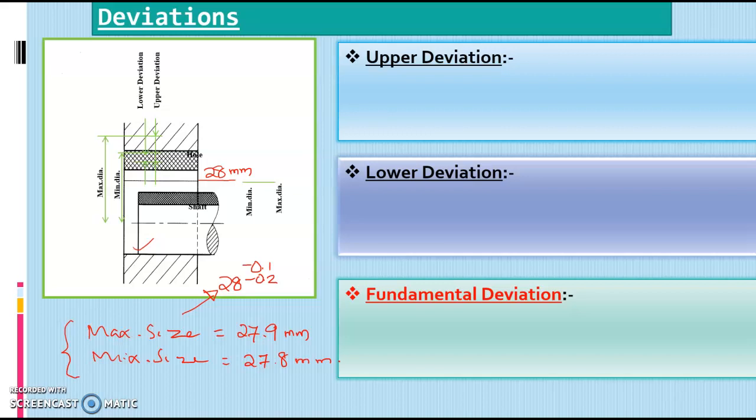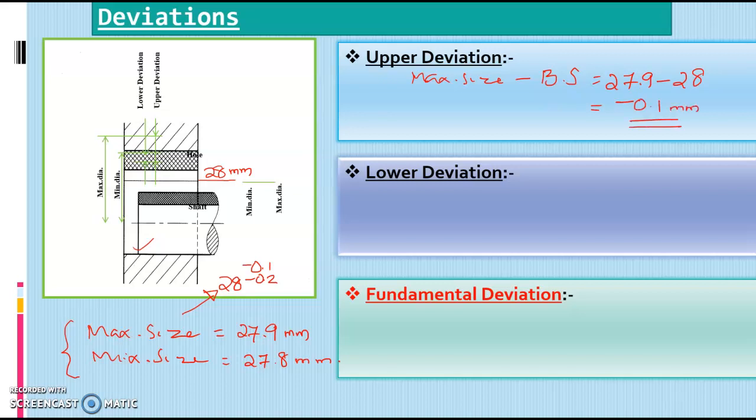We know that upper deviation is the algebraic difference between the maximum size of the shaft and the basic size. The maximum size is 27.9 and the basic size is 28, so the value is minus 0.1 mm.